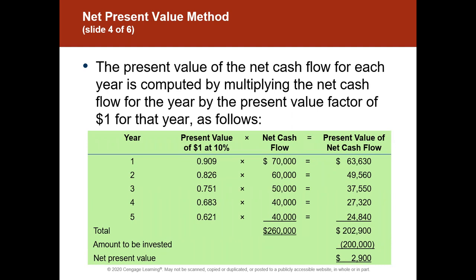But then for the second year, now we do 2 years at 10% to find this factor. And then 3 years at 10% to find that factor, and then 4 years, and then 5 years at 10%. And at the end, we get the present value of all those cash flows, and we add them up. And then we subtract the amount of the initial investment. And that gives us what's called our net present value.